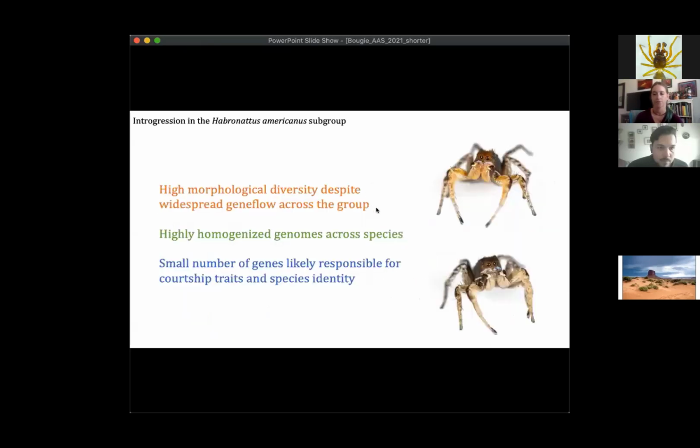A couple of main takeaways from that subgroup study were the high morphological diversity despite evidence for widespread gene flow across the group, and highly homogenized genomes across all of the different species. All of this together suggests that a small number of loci are responsible for the courtship traits and species identity within the group.